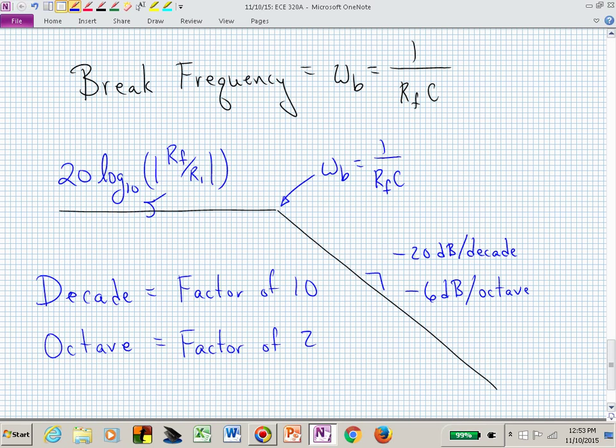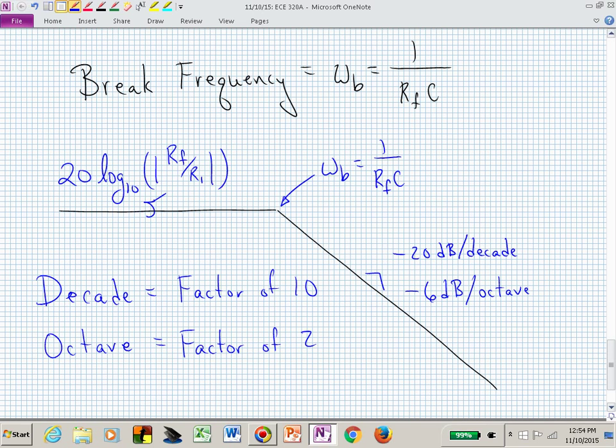So if we now went 3 octaves beyond 3, so we go from 3 to 6, that's 1 octave, 6 to 12, which is 2 octaves, 12 to 24, now we've gone 3 octaves. We are now at 24.